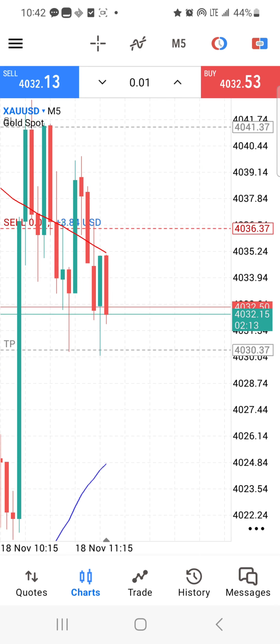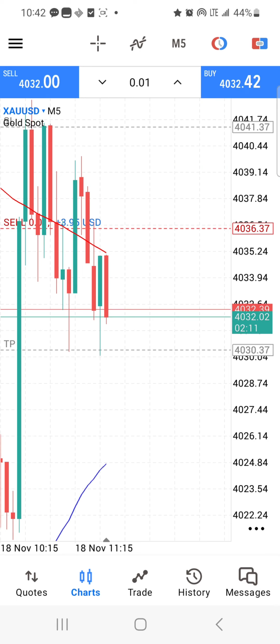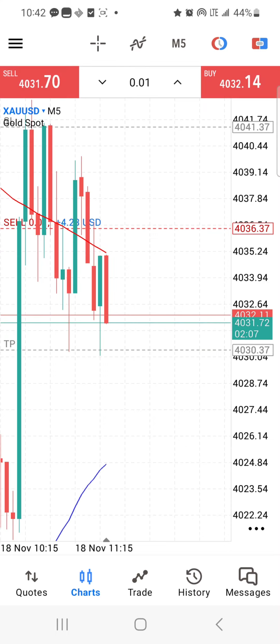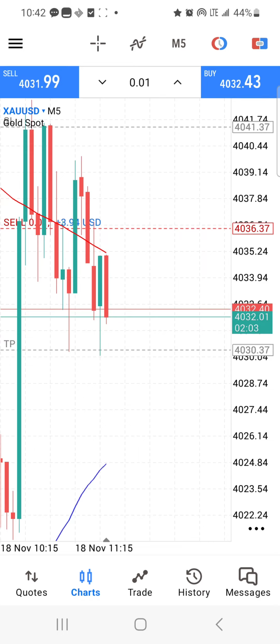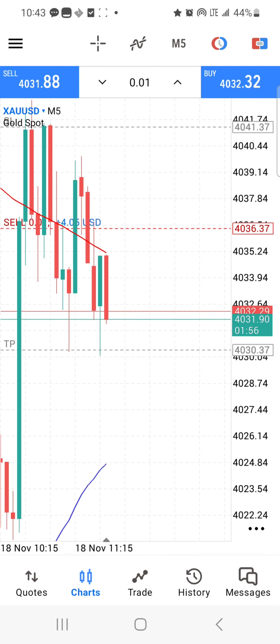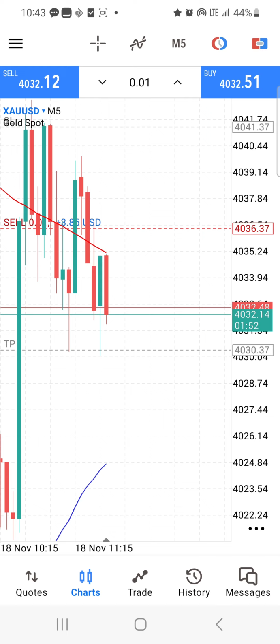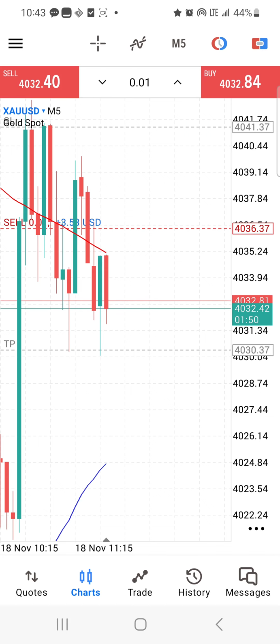From what we are seeing, at 4030.04 there was a resistance to the downward movement of the price. Then it was a support for a bullish candle. So this bullish candle got to about 4035.24, and there was a resistance to that upward movement.